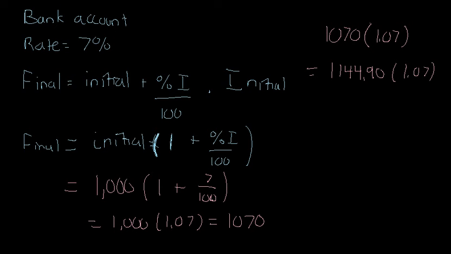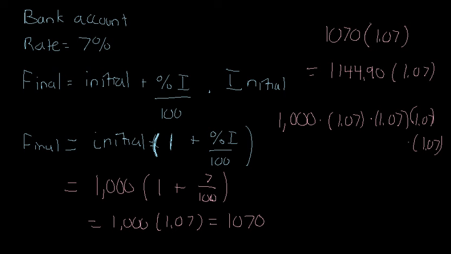At this point, you probably get the idea that I can just keep multiplying by 1.07 for every year. So let's say I want to figure out the fourth year. Going all the way back to the beginning, I could think of this as 1,000 times 1.07 times 1.07 times 1.07 times 1.07, or times 1.07 four times.